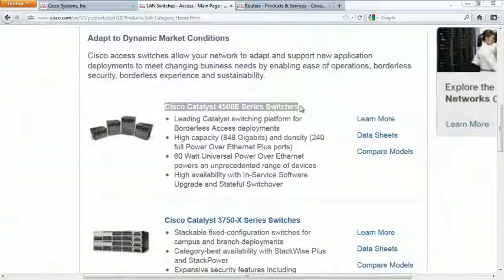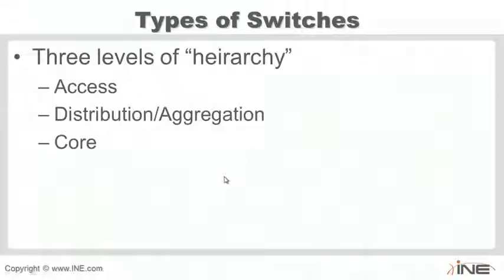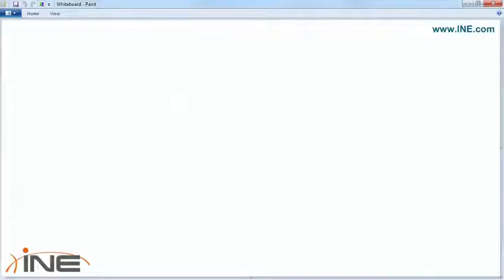But the key is that from a high-level point of view, when we look at the network, a lot of times you'll see it fits into this hierarchy where your access switches are where your endpoints plug in. Eventually these are going to plug into the distribution switches, and then eventually into the core.